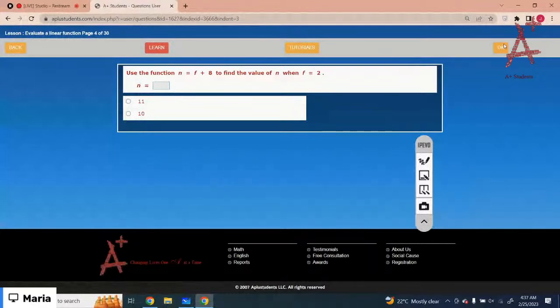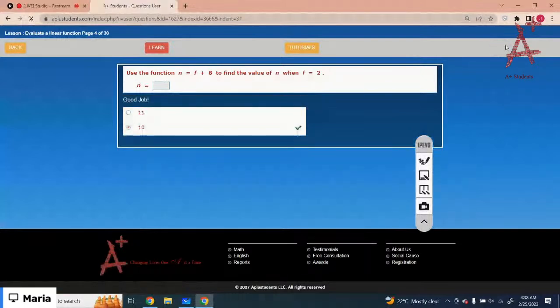Very good. That would be 10. That means n equals f plus 8 equals 10 for f equals 2.